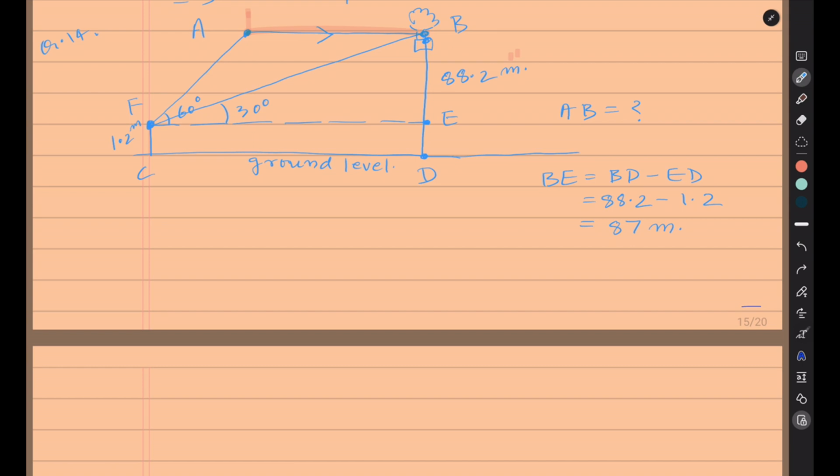So we need to find out what is AB. So it's a very different kind of problem, isn't it? So first of all, we need to think how we can solve it.